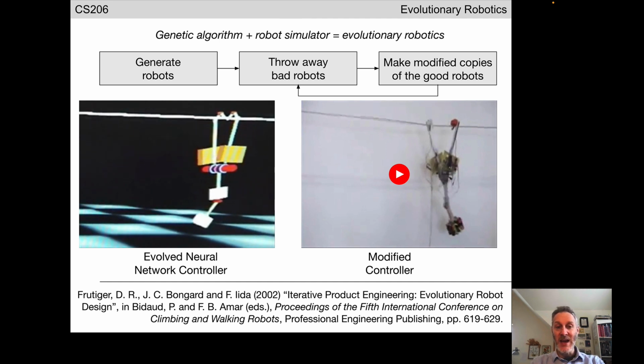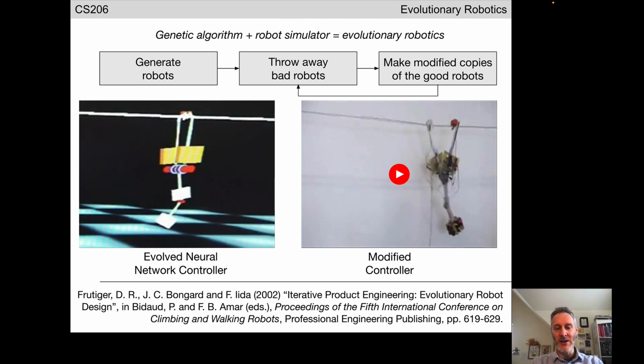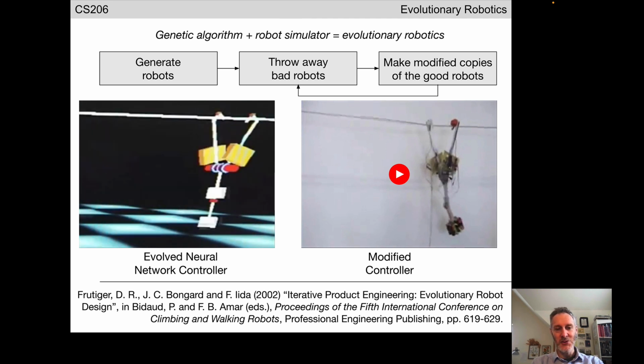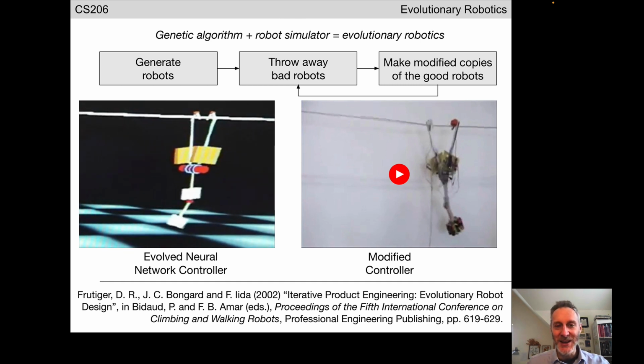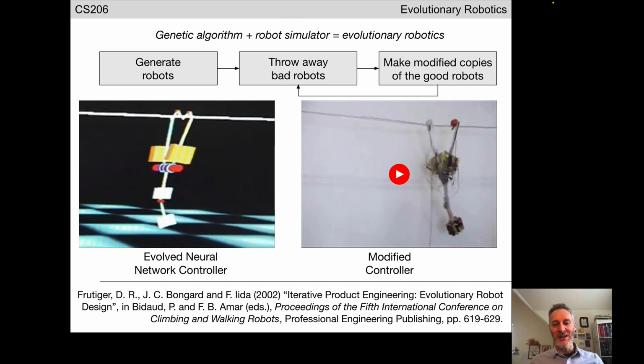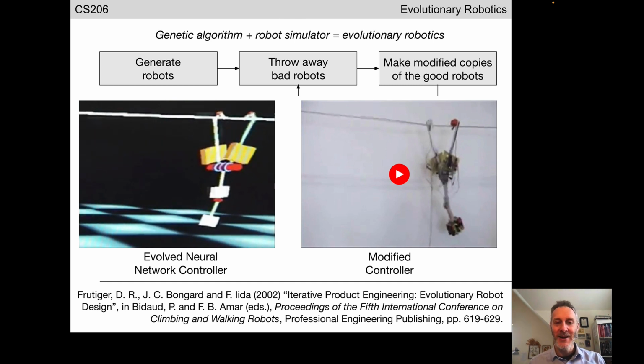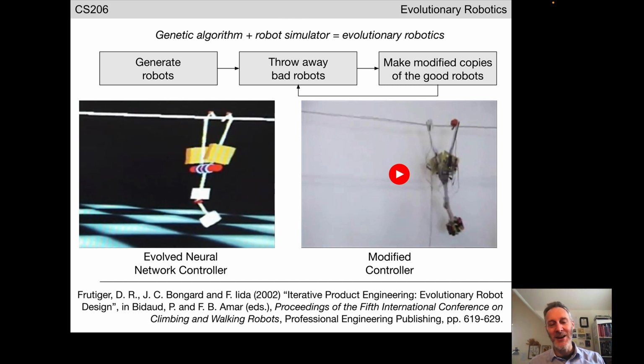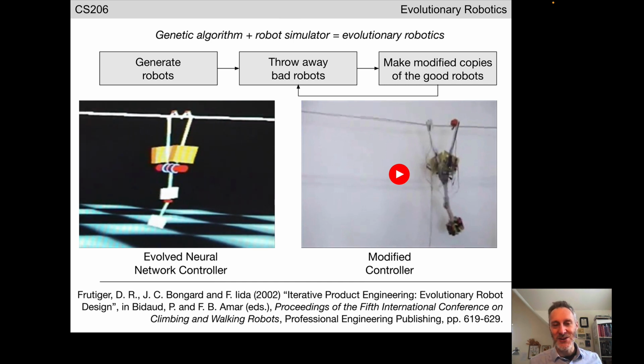This behavior is known as brachiation, which primates are very good at doing, swinging from tree limb to tree limb. We are a primate species. We are not very good at brachiation. You can train, but you'll never be as good as a gibbon. I highly recommend getting on YouTube and checking out gibbons doing what gibbons do best, which is brachiating.